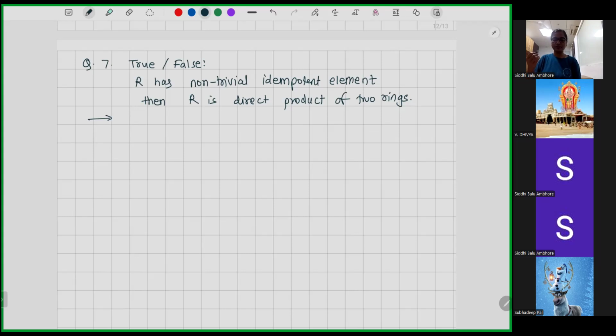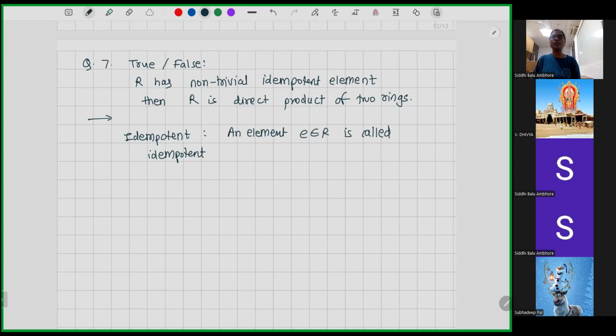So R has non-trivial idempotent elements. Idempotent elements mean, an element e in R is called idempotent if e squared is e. I think we did something related to idempotents last lecture also. The reverse direction is true.